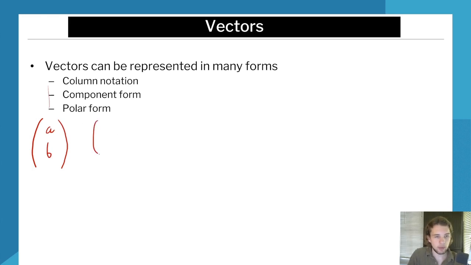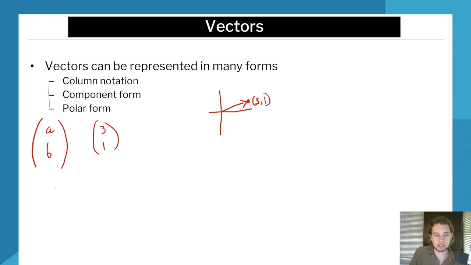For example, we could say 3, 1. Then if we were to plot this on a plane from the origin, it probably looks something like this, because it points towards the position 3, 1 on this plane.